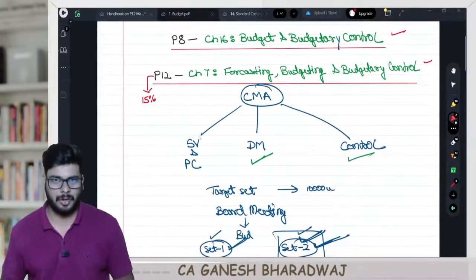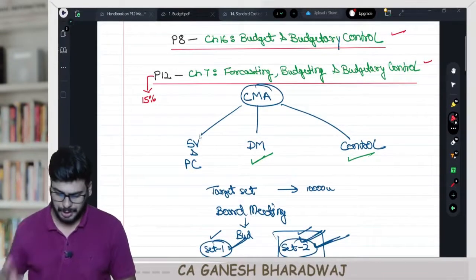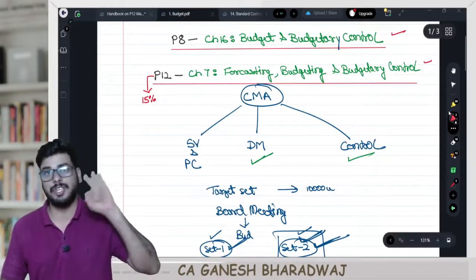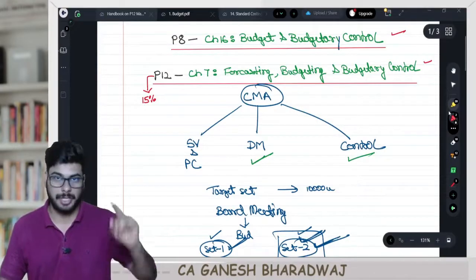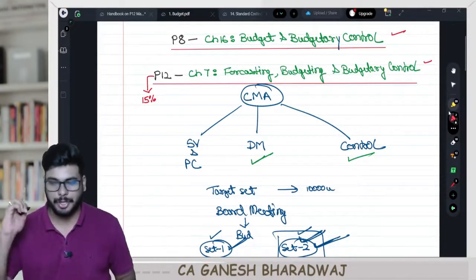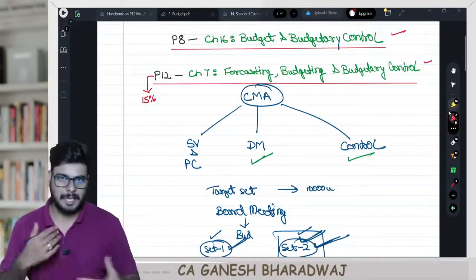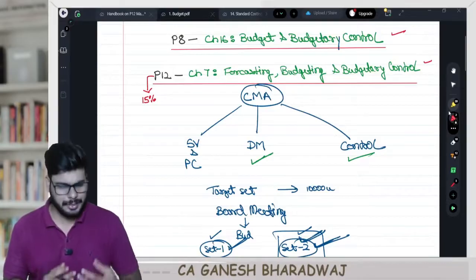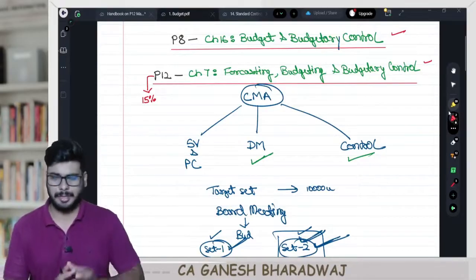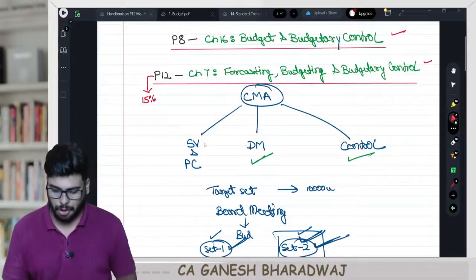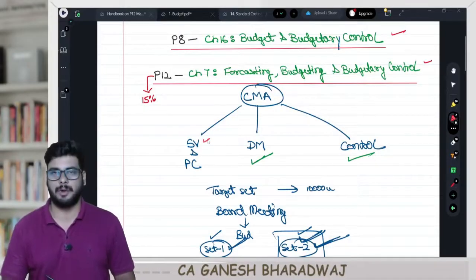Now, first of all, before we enter into this chapter, our subject, cost and management accounting, has 3 objectives, right? What are the 3 objectives? Stock valuation and profit computation, decision making, and control. And I told you guys that some chapters in our subject, like P8 and P12 put together, go on to achieve the objective A, which is stock valuation, profit computation.